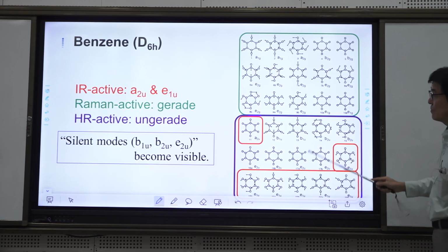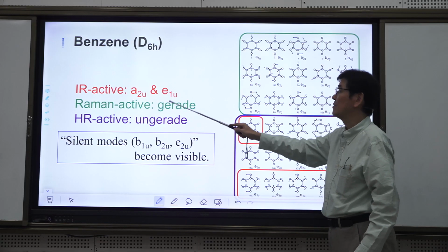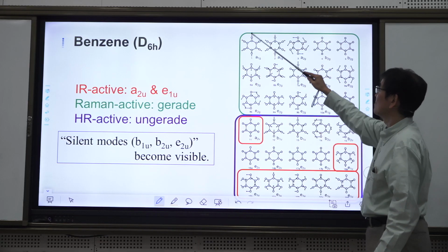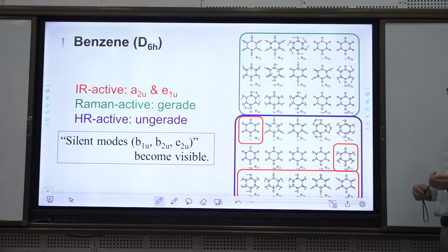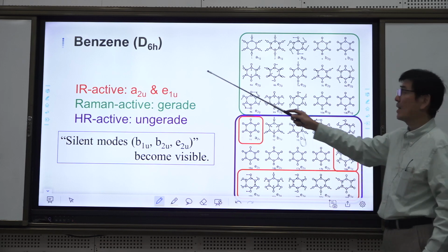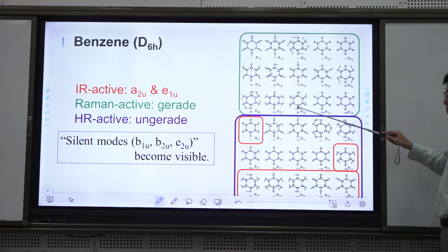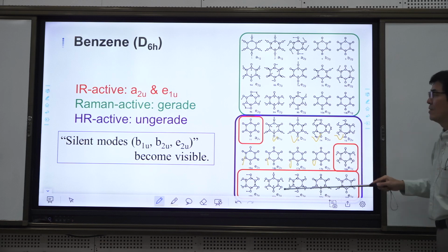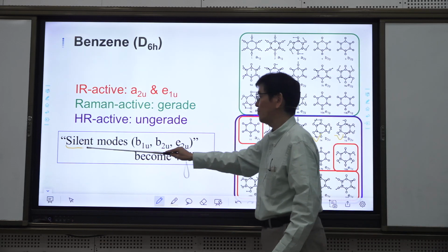And Raman active are gerade vibrations, the green group. It was a well-known fact that both IR and Raman spectroscopy cannot detect the remaining part. These vibration modes have not been detected, and were so-called silent modes.